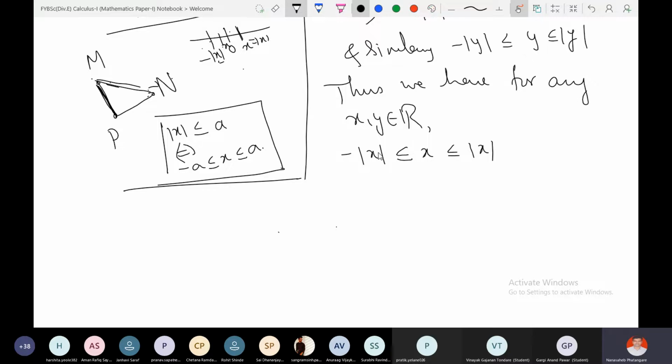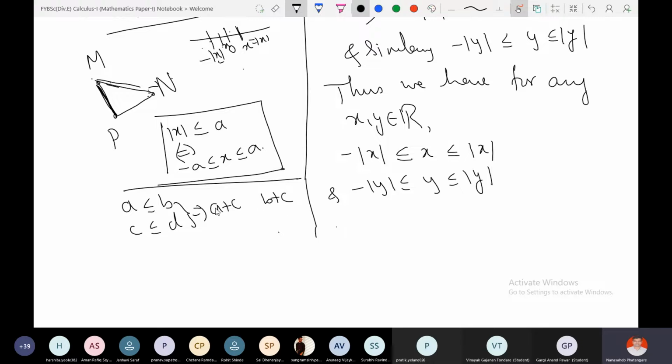So minus of absolute value x is negative. And right now I am going to use the order property. Which order property? A less equal b, c less equal d, then a plus c less equal b plus d. Can I say that?